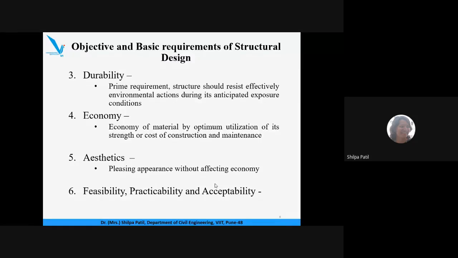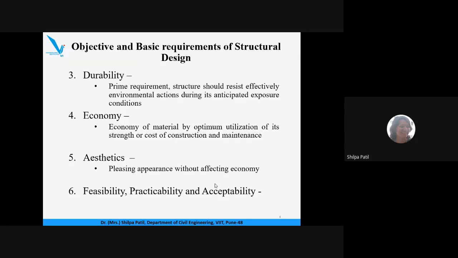Okay, so for every city, every region of every country, we have to consider the exposure condition in that particular locality, and accordingly we have to make changes in our design. Taking care of the exposure condition means we are designing the structure for durability requirements. This is another prime requirement, because if we are designing a structure for 50 years, over those 50 years the exposure condition of a specific location may change.